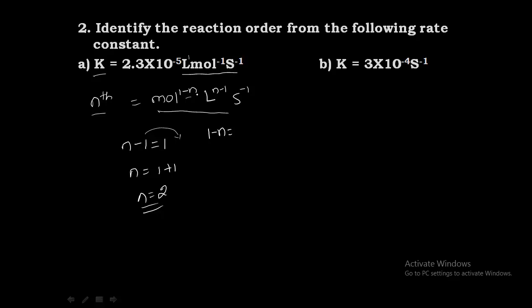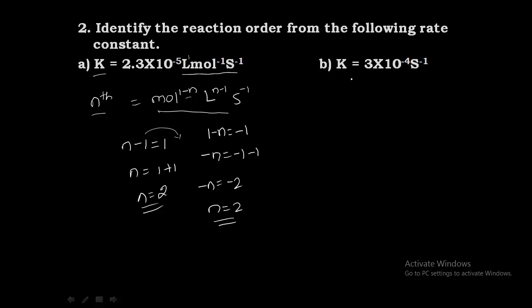So 1 minus n is equal to minus 1. So minus n is equal to minus 2. Therefore n is equal to 2. Thus either we can take L raised to n minus 1 or mole raised to 1 minus n. If we equate that with the given unit, then we will get the order of the reaction.